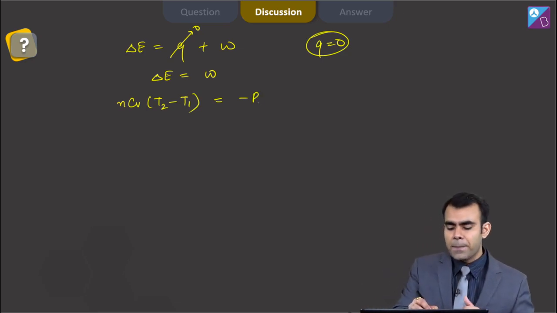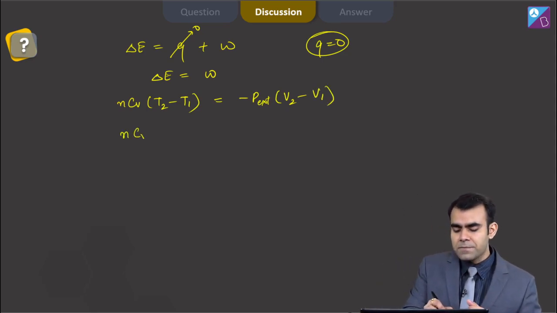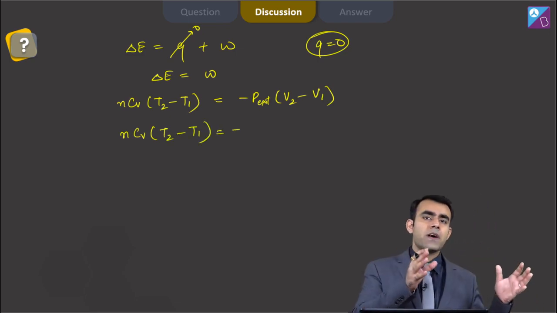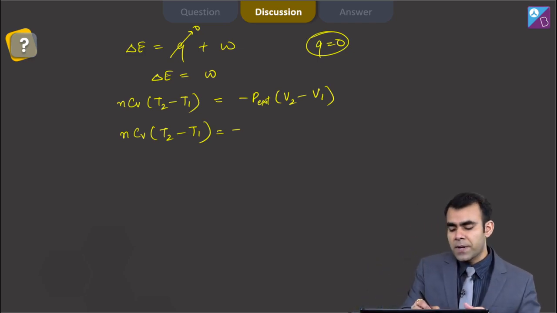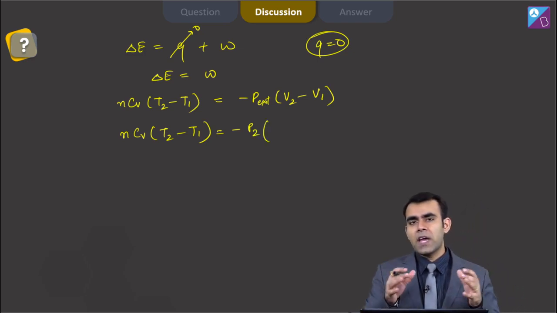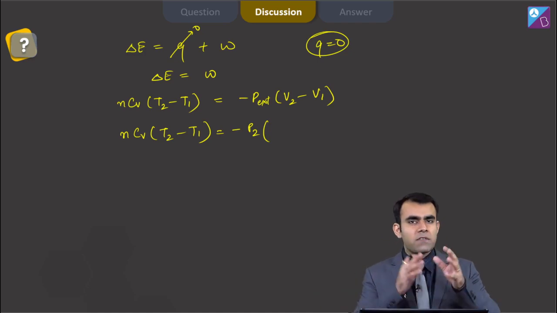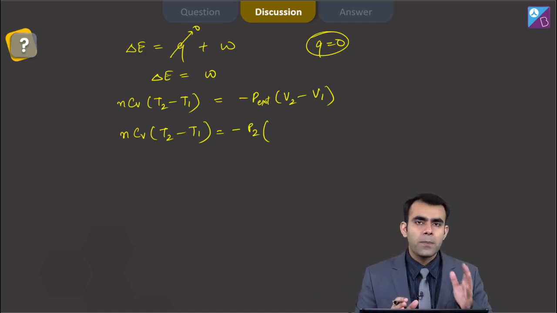P external is the final pressure against which the volume is changing, so it is P2. We have not been given the initial or final volume, so let's convert the volume in terms of temperature and pressure.